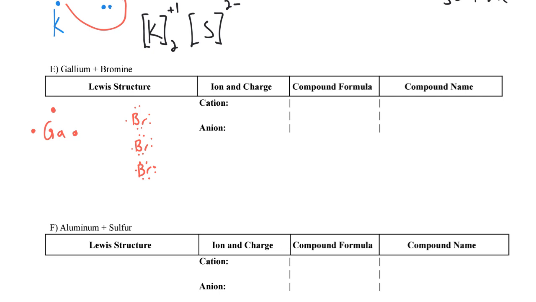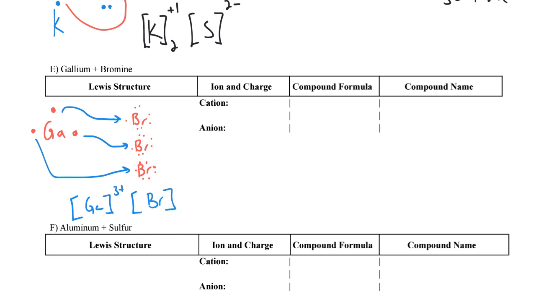Each of these does have 7 electrons around it. It can only accept 1 more to bring it up to 8. And then our ions will be gallium with the 3+, and bromine with the 1-, but there's 3 of them.